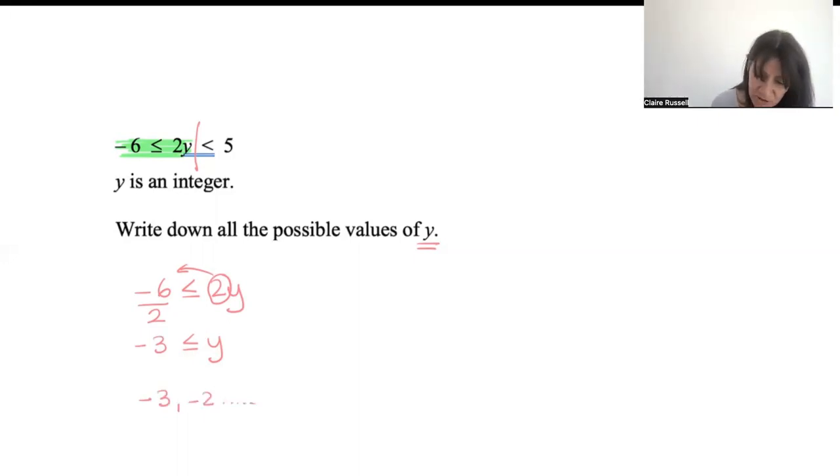Now I'm going to concentrate on the other half. So I'm going to clean that up and just concentrate on what I can see here. So 2y is less than 5. Divide through by 2 and y is less than 2.5. They are telling me that y is an integer. Integers are whole numbers.